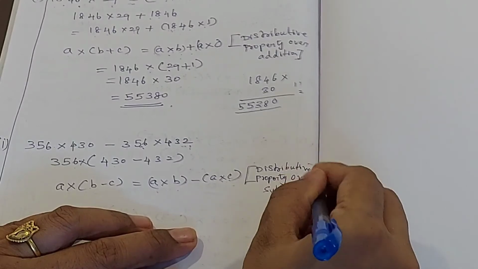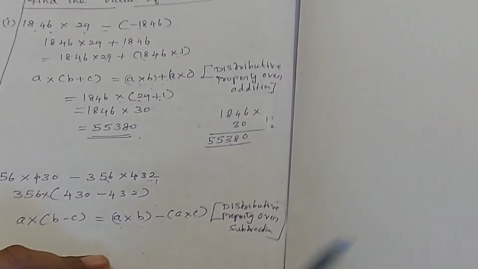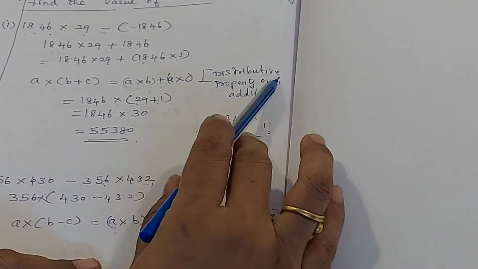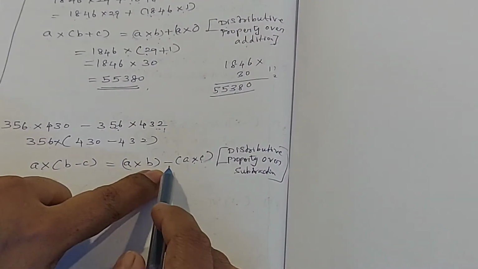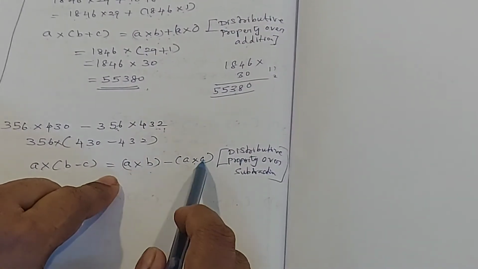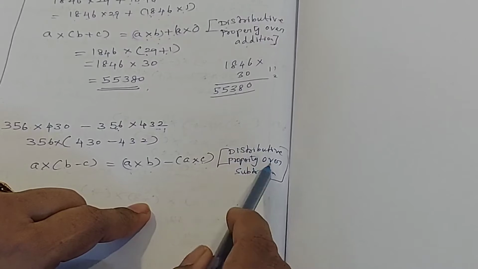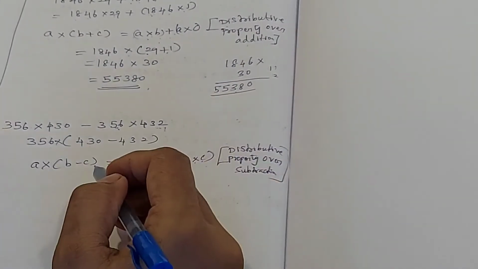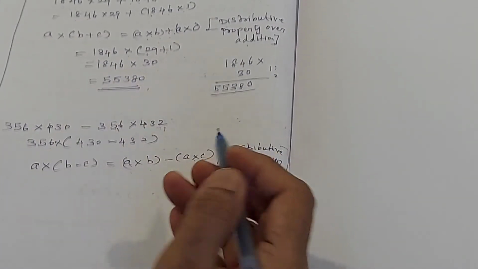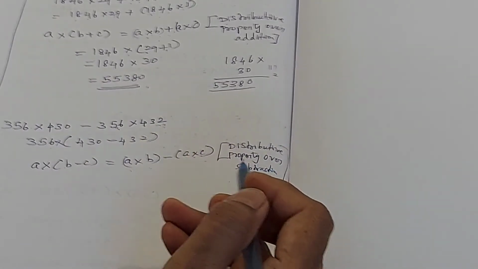See, in the previous problem we wrote distributive property over addition, right? But here we are finding out the difference between the two terms. So you have to write distributive property over subtraction. So for subtraction also the distributive property is satisfied.